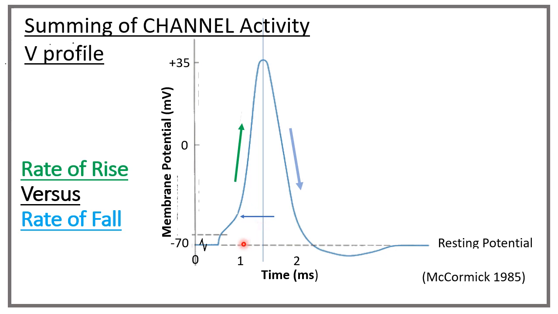One characteristic of the action potential is that it has a higher or faster rate of rise than it does a rate of fall. The sodium current is mainly associated with the rise in action potential, and the potassium channel and potassium currents are associated with the repolarizing or rate of fall of the action potential.